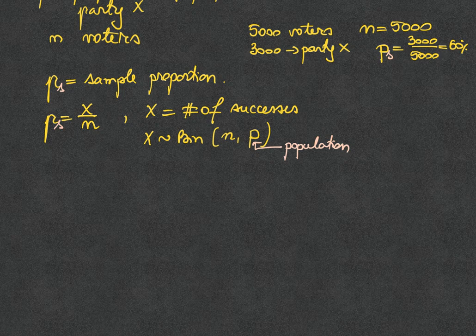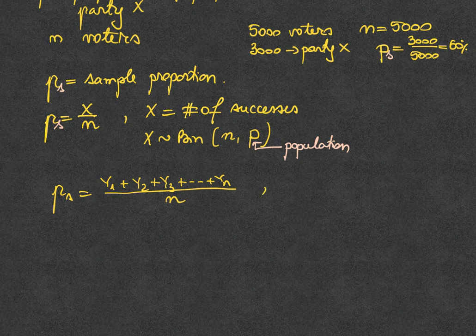Therefore, PS will be formed by Y1, the first person I'm taking and asking, plus Y2 plus Y3 plus Yn, over n, where each of the Yi is binomially distributed with 1 and P, because I ask each person once, so one trial, and P is the probability of success, meaning the probability that the person votes for party X.